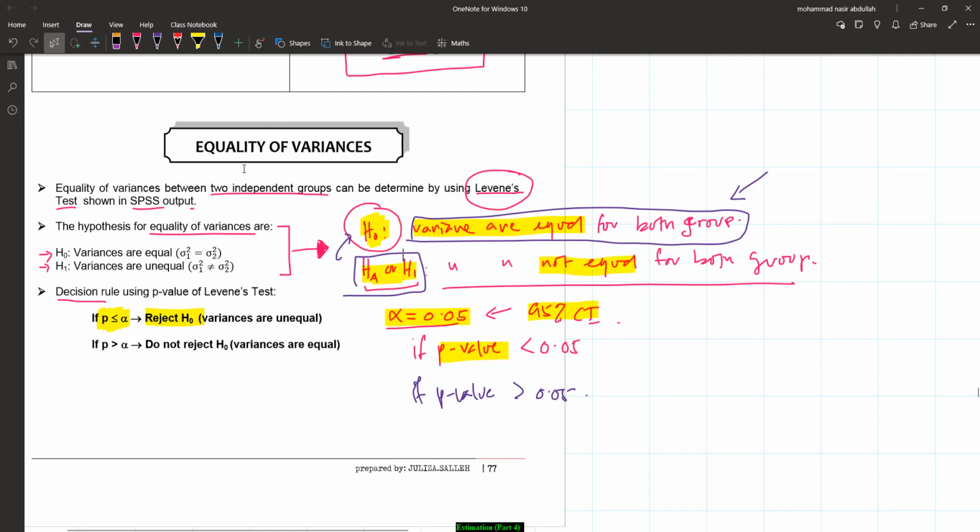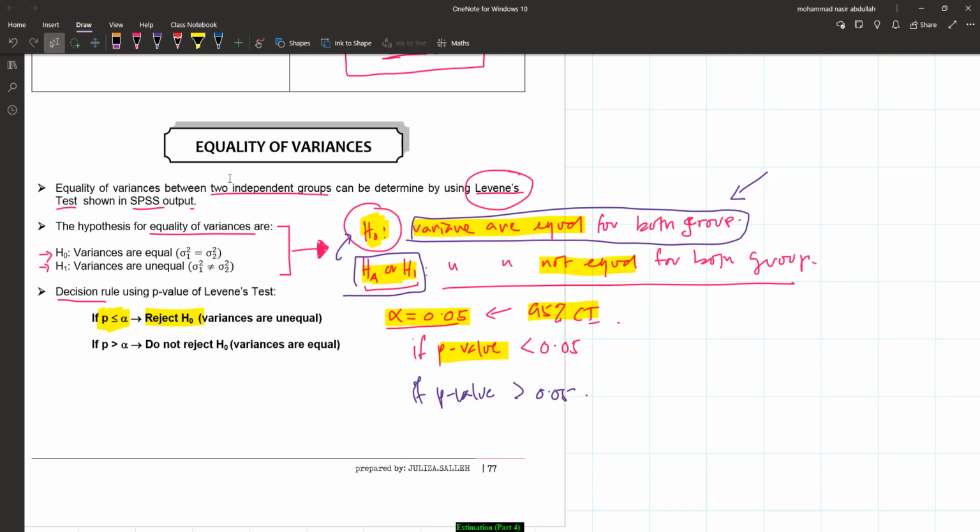Repeat once more. To test the equality of variance, we're going to use Levene's test. For Levene's test, we have two types of hypothesis, the null hypothesis and the alternative hypothesis. The null hypothesis means that the variances are equal for both groups. The alternative hypothesis, the opposite of the null hypothesis, means the variances are not equal for both groups.